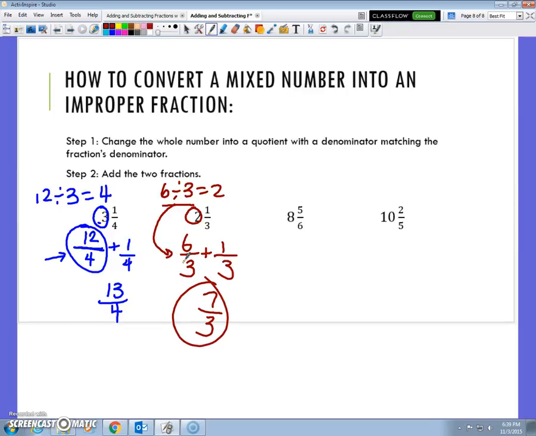Okay, and like I said, I know there's tricks to it, and I know the tricks, thank you very much, but we need to practice getting these denominators the same. So I want to change this 8 into something over 6. Something over 6. So what I'm going to do is this.